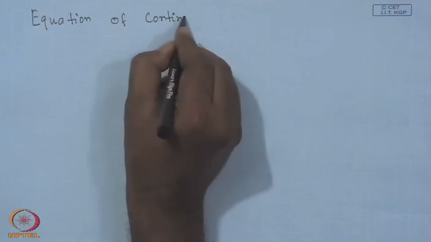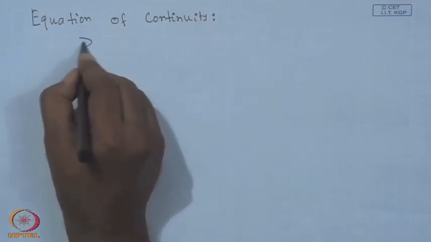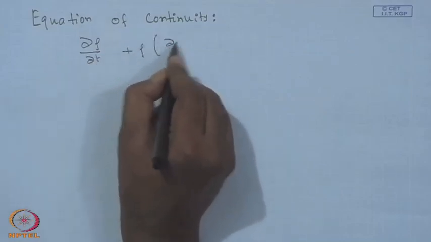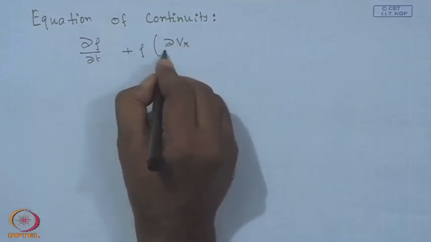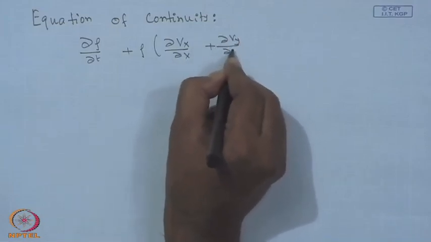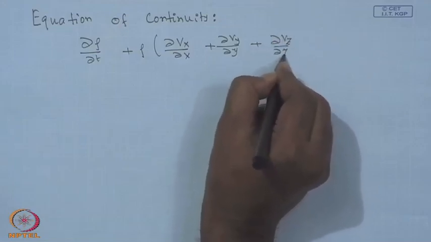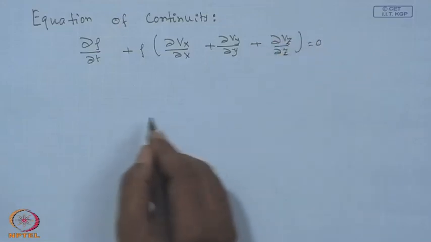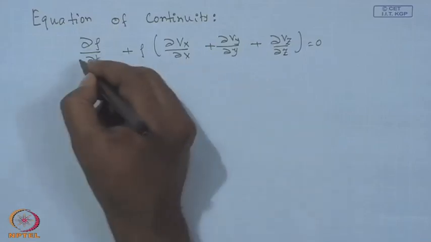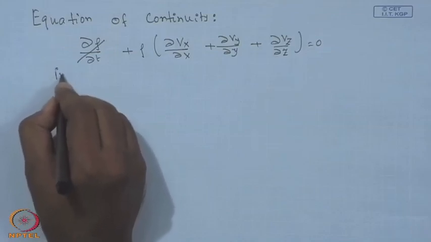We write down the equation of continuity in its full form: del rho del t plus rho times del v x del x plus del v y del y plus del v z del z is equal to 0. Now, this term will be gone because the fluid is incompressible.